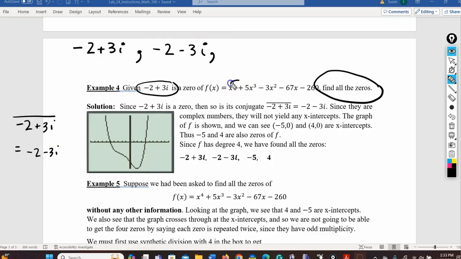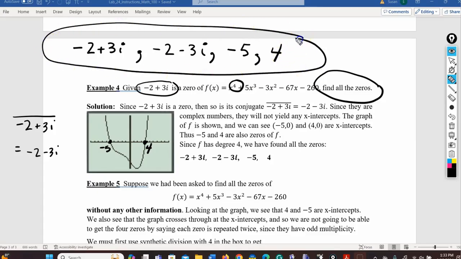So this has degree 4. There will be exactly 4 zeros, if I count any repeats. Look at the graph, because any x-intercepts will be real zeros. And I have an x-intercept here at negative 5, and I have an x-intercept here at 4. And so negative 5 is a 0, and 4 is a 0, and they can't be repeated because now I have my 4 zeros.